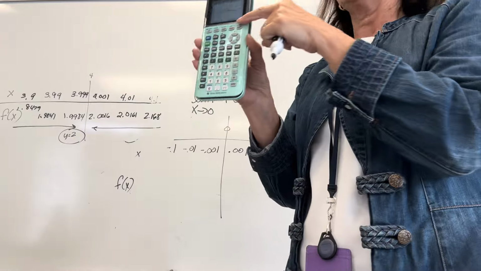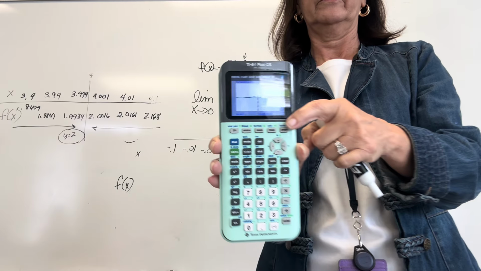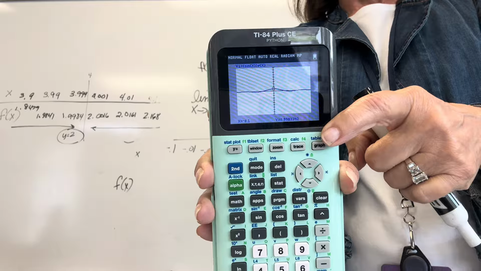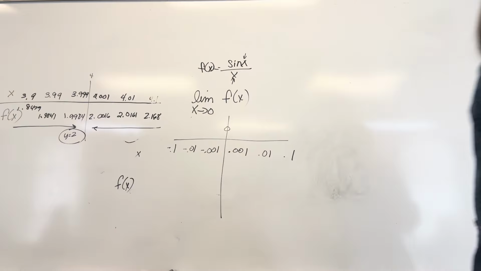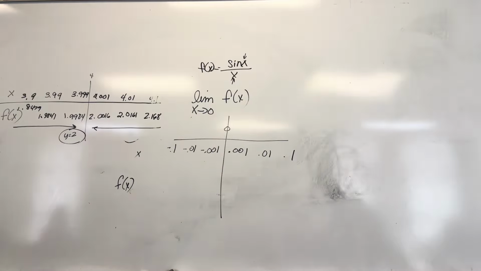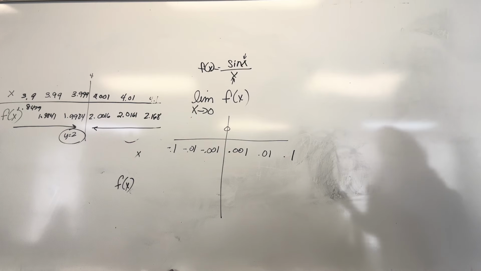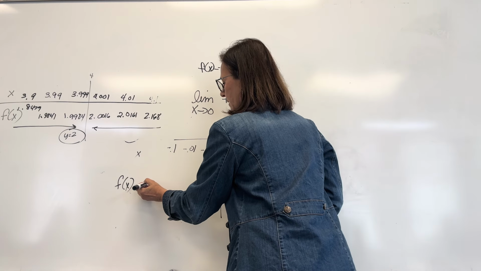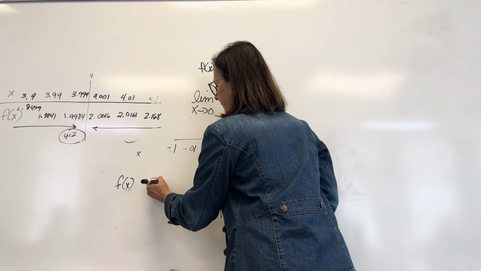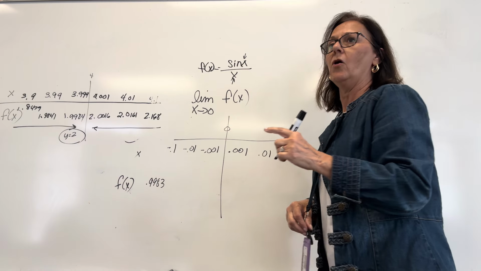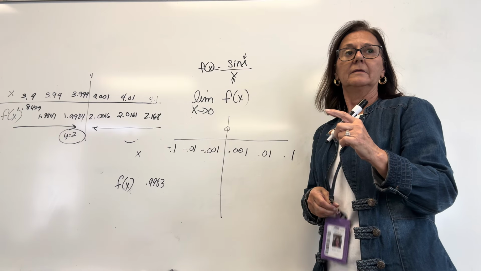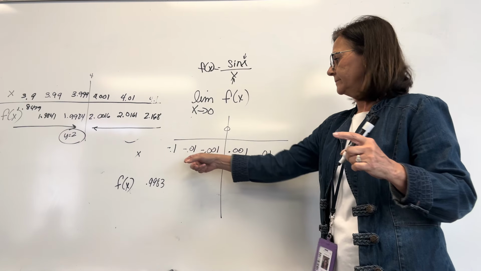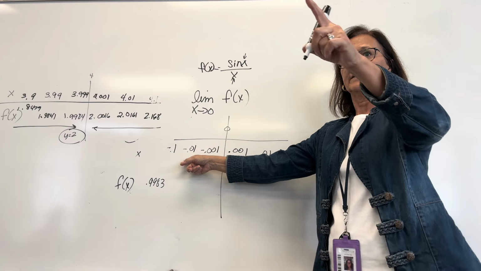It gives you the y value. Okay? All right. So, negative 0.1 is what? 0.9983. Who has negative 0.01? What is it?